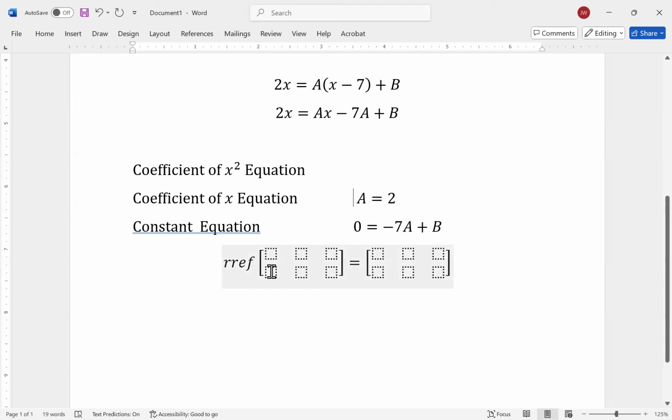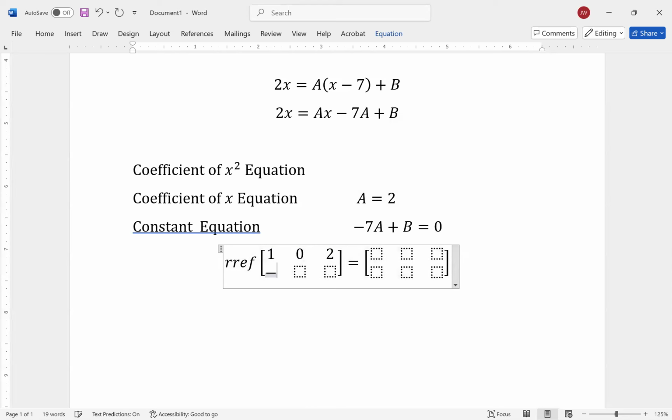If you wrote it in row reduced echelon form, remember, we have to have the A's in the first column. So the first equation would be 1A plus no B is equal to 2. In the second column, I'd want to put that 0 on the right-hand side so that I have negative 7A plus 1B is equal to 0.